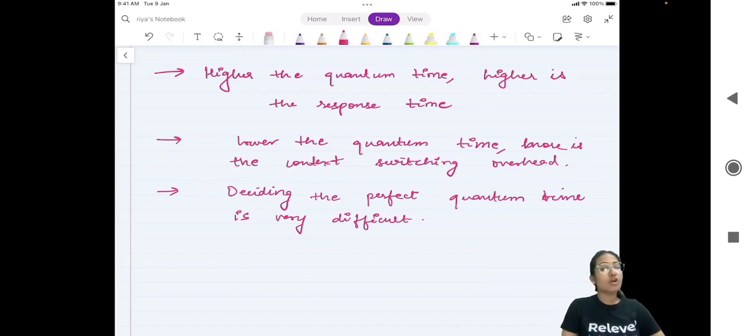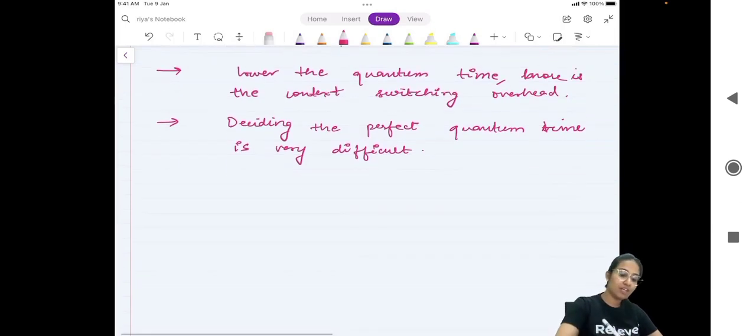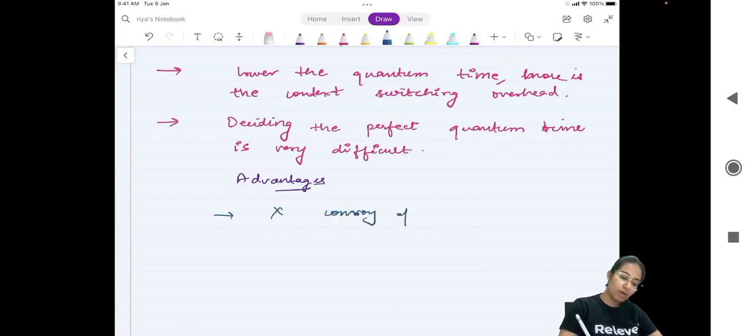But round robin is actually one of the successful ways of doing that, because it does not lead to starvation at all. In priority scheduling, we could see that there can be situations where it can lead to starvation of a process, whereas when you're using round robin, you can actually guarantee that there is no situation of starvation or the convoy effect as well. So if I have to list a few advantages, we can say there is no convoy effect.